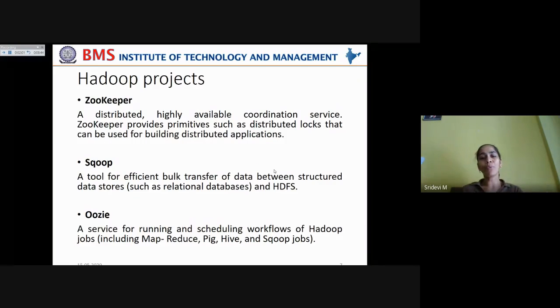All these components can be deployed by creating the workflows. Now, Oozie is such a service for running and scheduling these workflows of Hadoop jobs, including MapReduce, Pig, Hive, and Scoop jobs. All can be scheduled as workflows by using this Oozie interface.